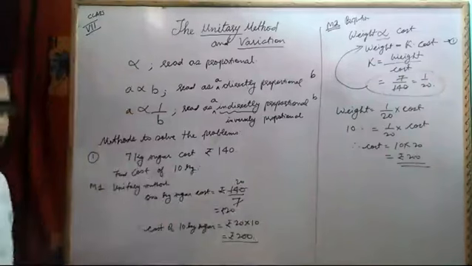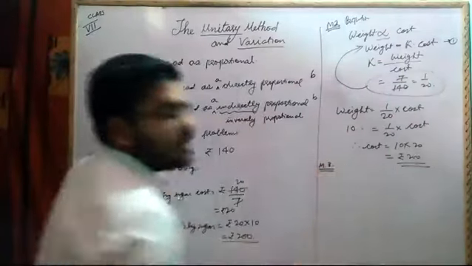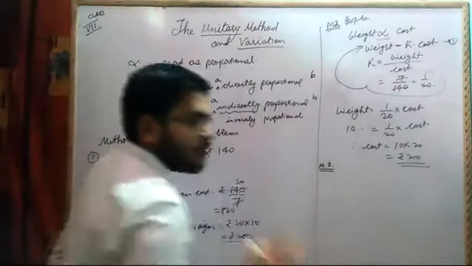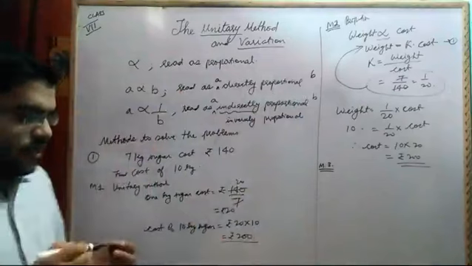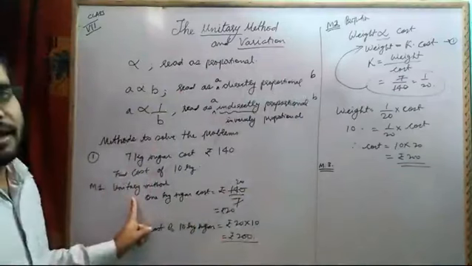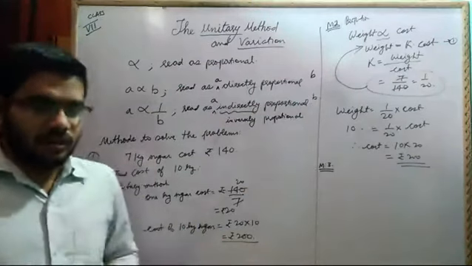Now third method is by finding the multiplying factor. We have two types of multiplying factors. First multiplying factor comes for direct relation and the other comes for indirect relation.